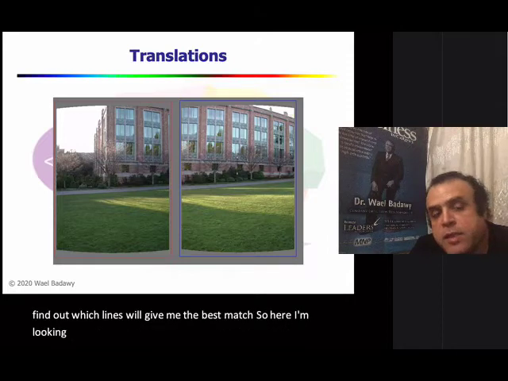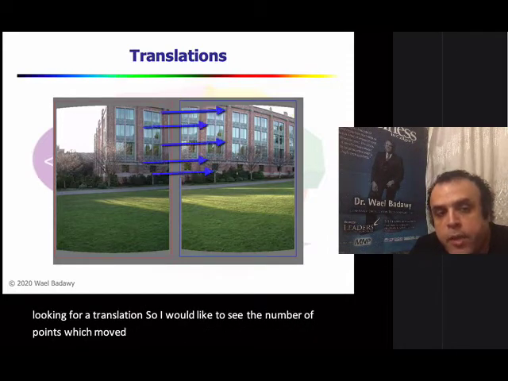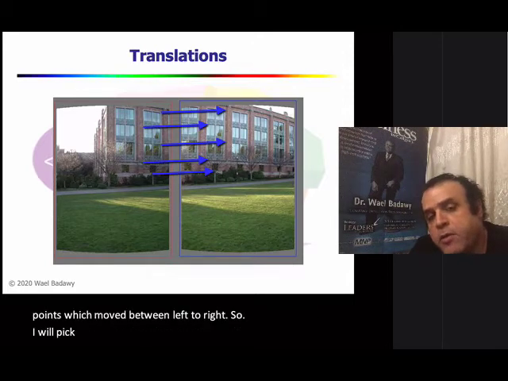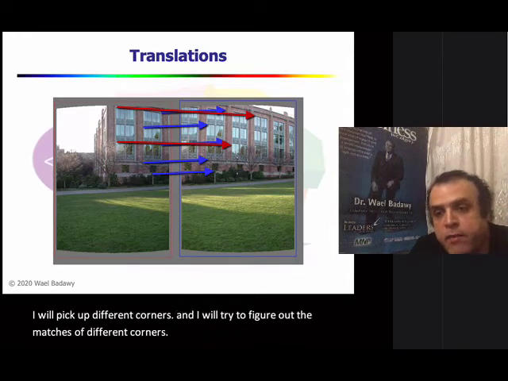I would like to see the number of points which moved between left and right. So I will pick different corners and try to figure out the matches of different corners, and this will give me more matches.